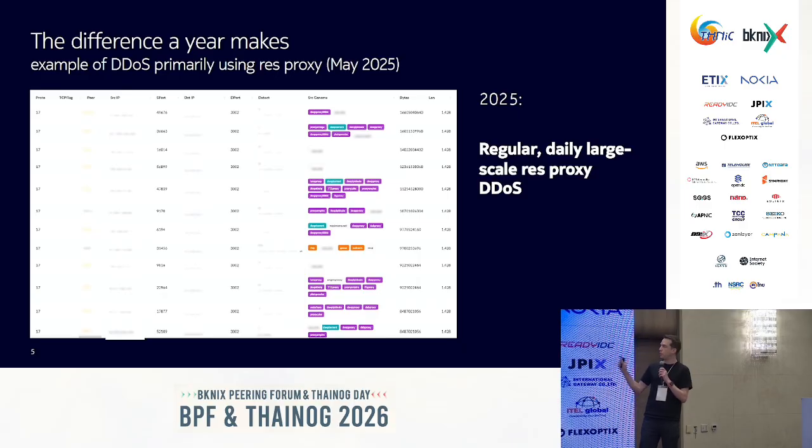And those purple tags here are indicators of residential proxy exit nodes. At first, we didn't really know what to think, and then we started to see it happen more and more frequently, and we started to see some attacks that were really bigger than anything we'd seen before.